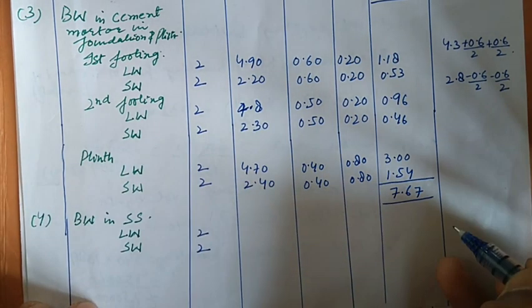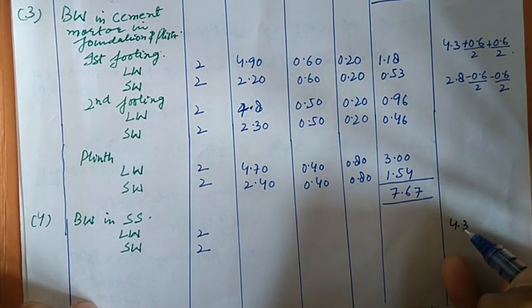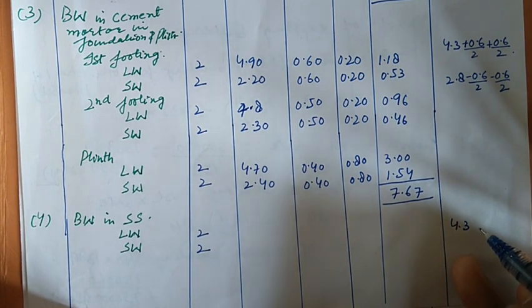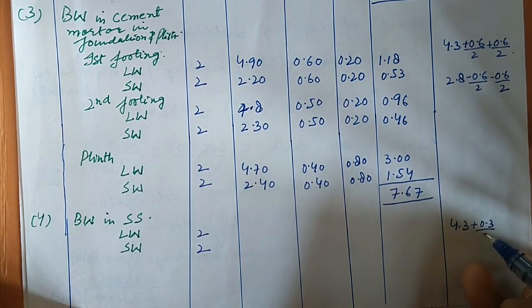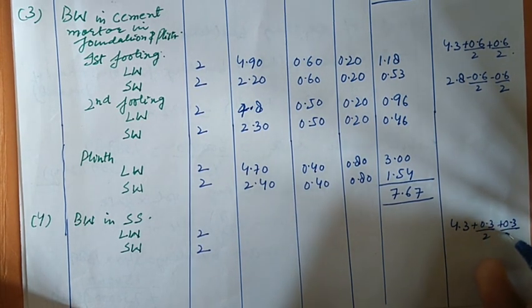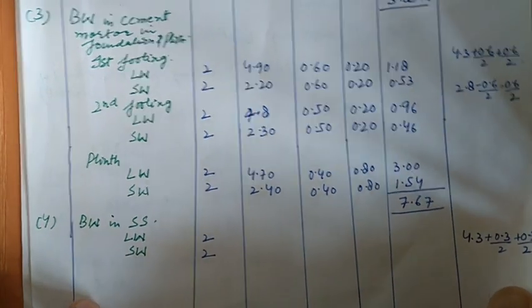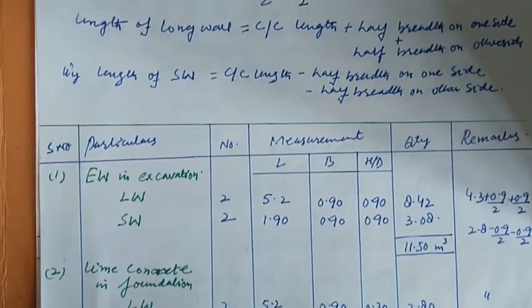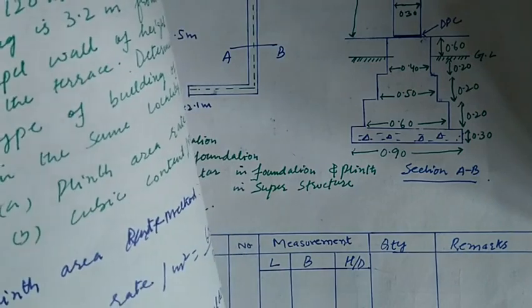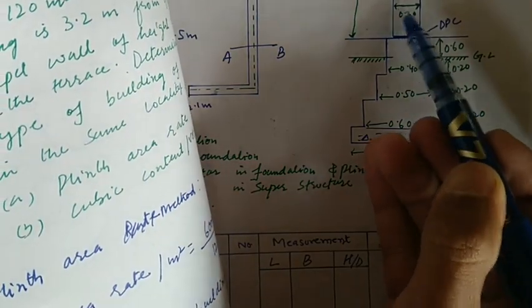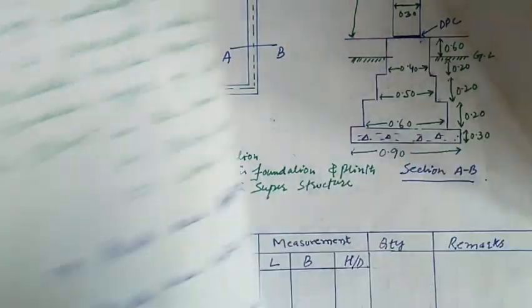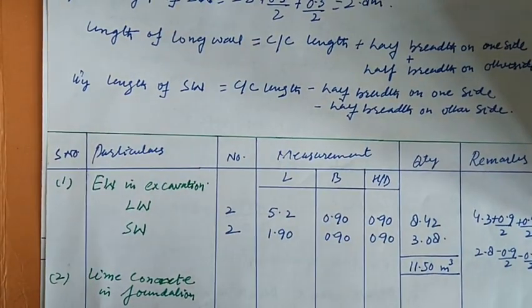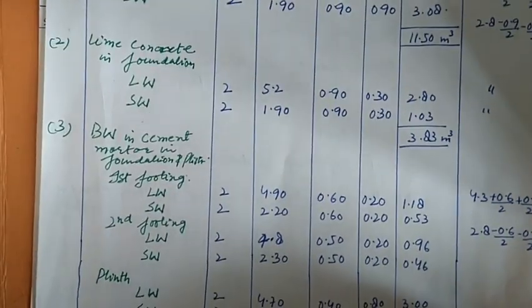Now talking about the length, 4.3 is the original center to center length of the long wall. We will add the half, that is 0.3 by 2 plus 0.3 by 2. Why I am adding 0.3 by 2? Again the same answer. This is our superstructure. Here the breadth is 0.30. So it is for that reason I am adding here 0.30.